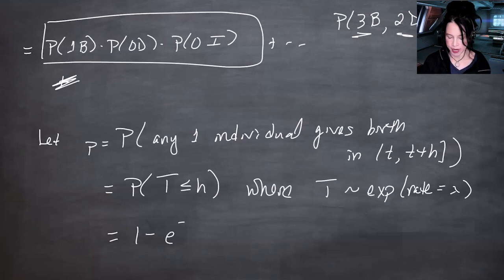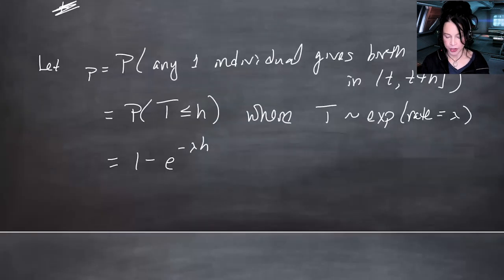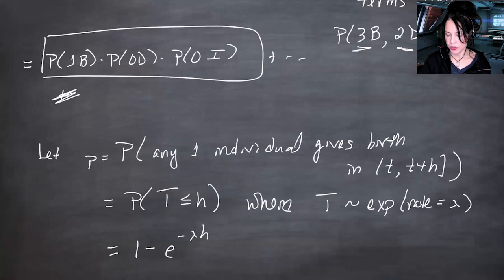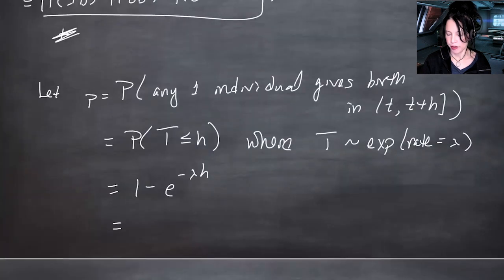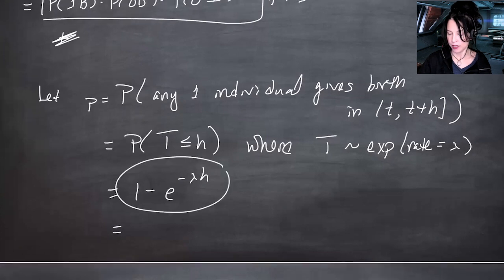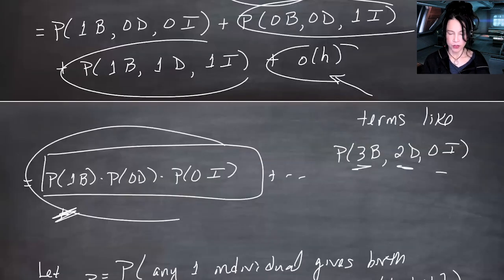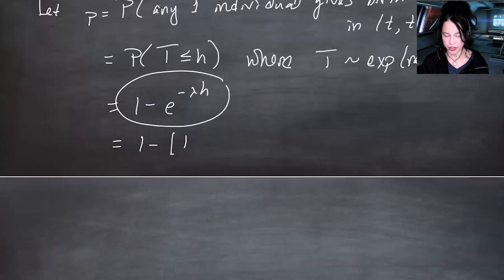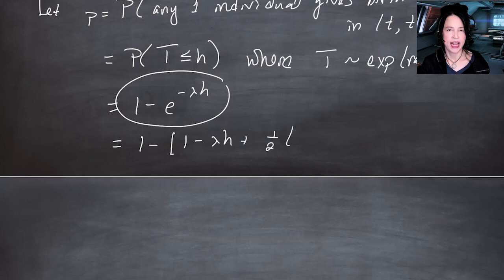The Taylor series expansion for e to the negative lambda h is 1 minus lambda h plus 1/2 lambda h squared minus 1 over 3 factorial lambda h cubed, plus and so on. So the ones cancel, we get lambda h, and the rest of the terms have h to the power 2 or higher, and those are all little o of h. So this is the probability any one individual gives birth in that time interval.